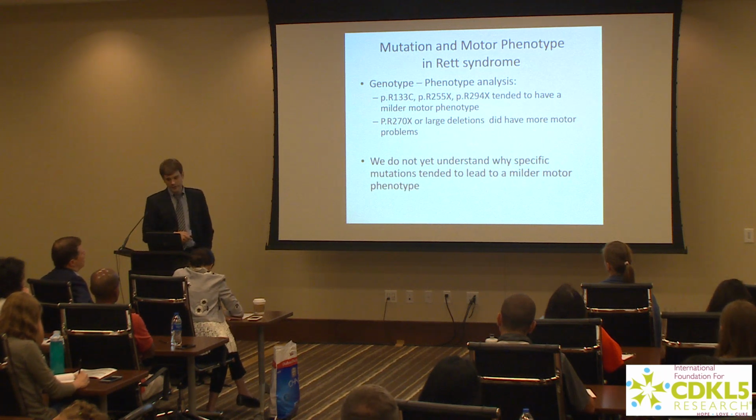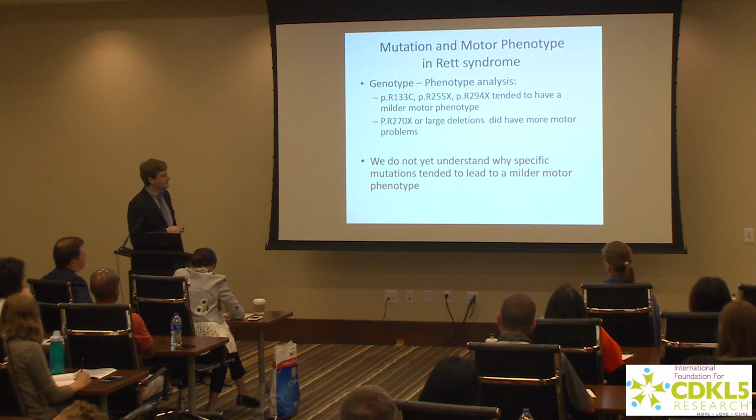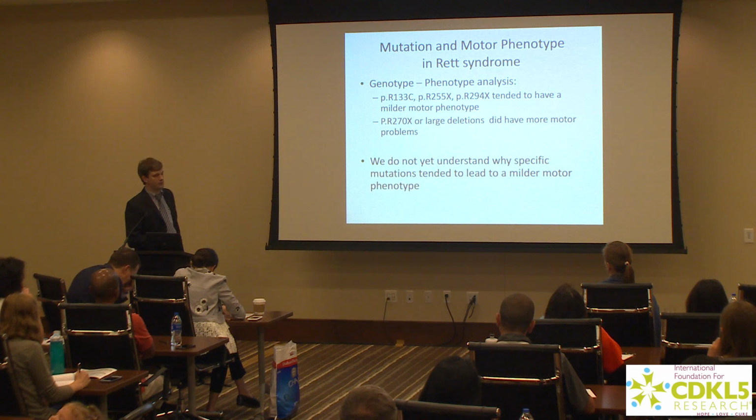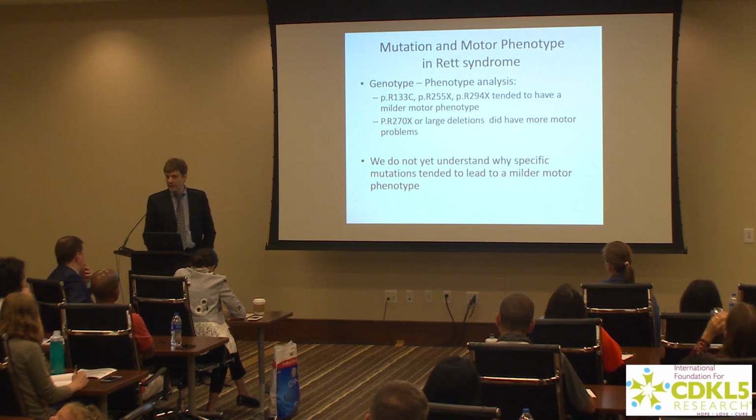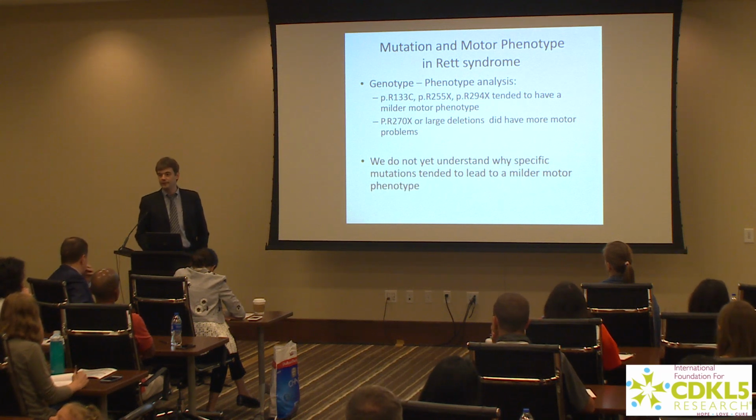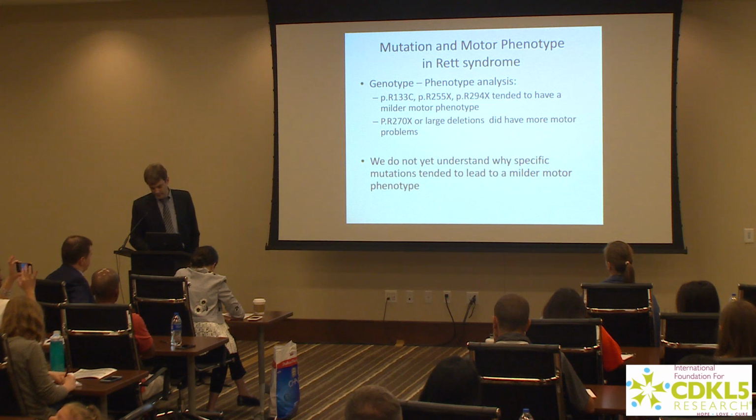But importantly, even in Rett, we do not understand why these specific mutations tended to lead to a milder motor phenotype. Do we have any such evidence for CDKL5 syndrome that specific mutations go hand in hand with better or worse motor function?